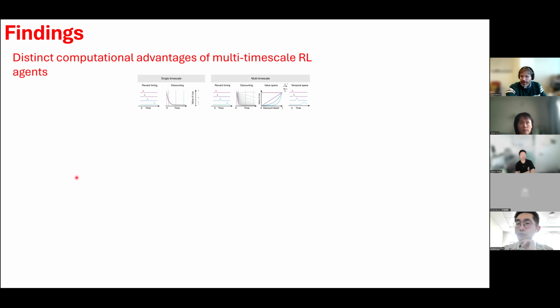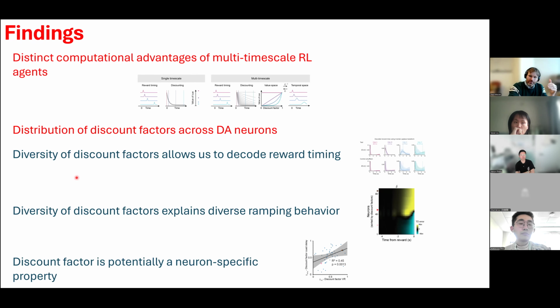So to conclude, what we found is that we have these distinct computational advantages of having multi-timescale RL agents, and specifically this idea that now we have this matrix form of the value representation, and we can go from value space to temporal space and back and forth. And then we really established that you have this diversity of discount factors across dopamine neurons. And so this diversity allows you to decode the reward timing.